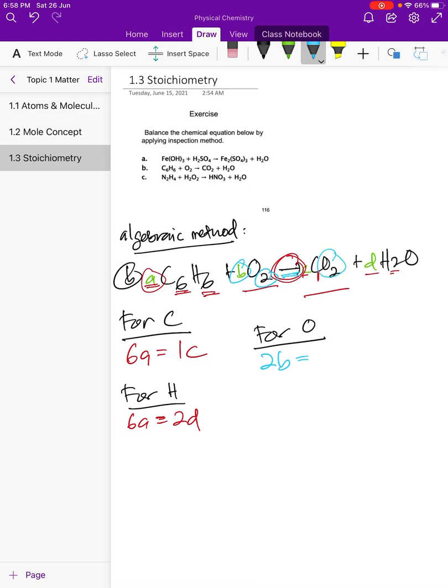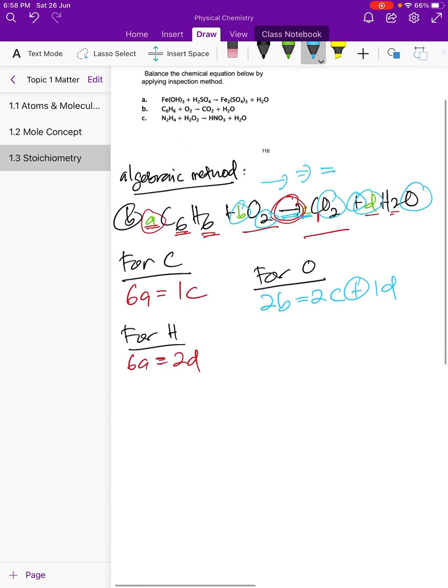We have 2 oxygen in the C, so it becomes 2C. And we have 1 oxygen in the D, so it becomes 1D. Take note, plus stays as plus. Only the arrow symbol, we change it to an equal sign. So I think all the elements are here: carbon, hydrogen and oxygen.